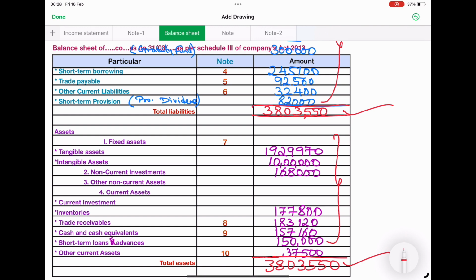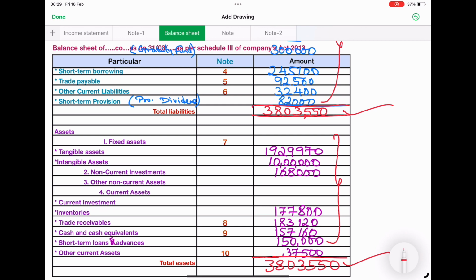Don't blindly solve from note 1 to note 14. In exam perspective I'm telling, first prepare the income statement format. Maximum it takes 3 minutes. Under particular notes, write all the things you know. In the next sheet, prepare the balance sheet format.